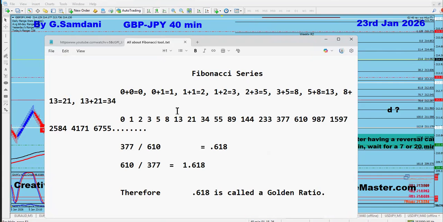Now, this is Fibonacci series, and these are the numbers that come out of it. This is how the Fibonacci series becomes, 1, 2, 3, 5, 8, 13, 21, 34. Right? And my entry charts have these numbers. The EMAs are these numbers, not 20-minute, 50 EMA, 100 EMA, 200 EMA.